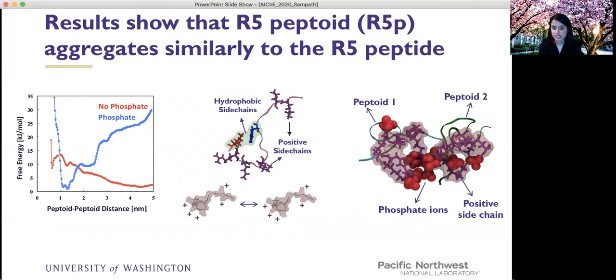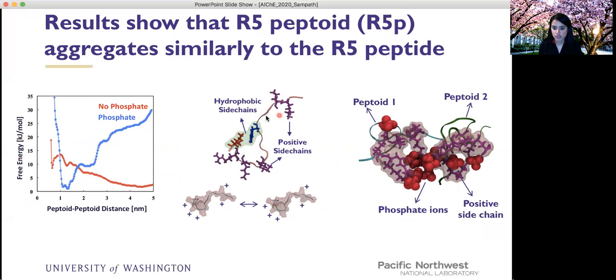And so to test this, we first modeled the R5 peptoid and calculated the free energy of dimerization with and without phosphate ions. From the free energy profile here, we see that similar to the peptide, the R5 peptoid doesn't aggregate without the phosphate ions either.